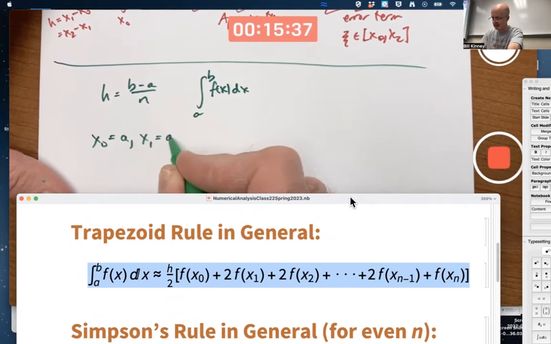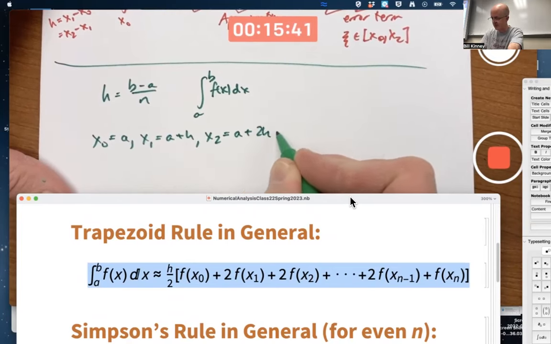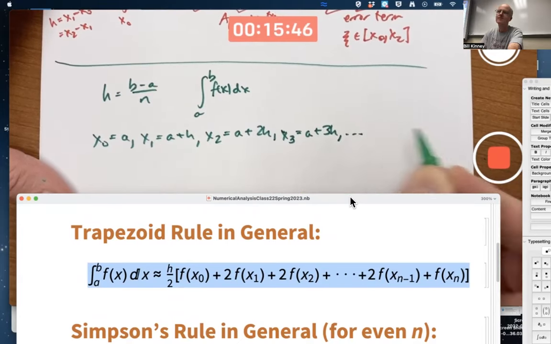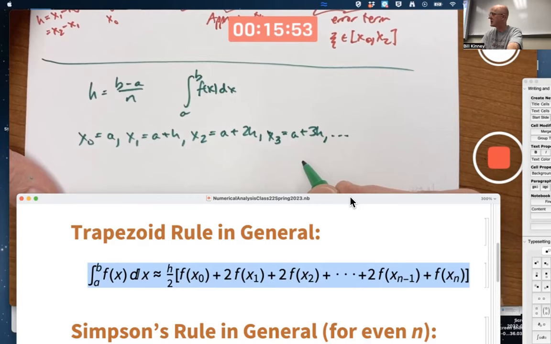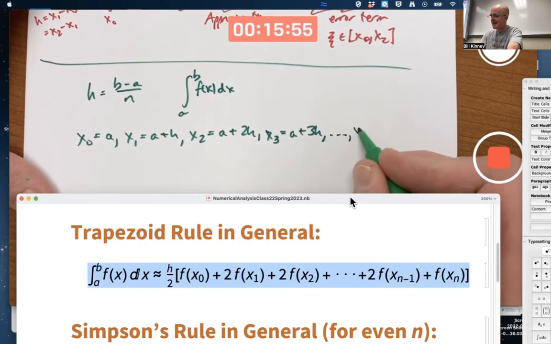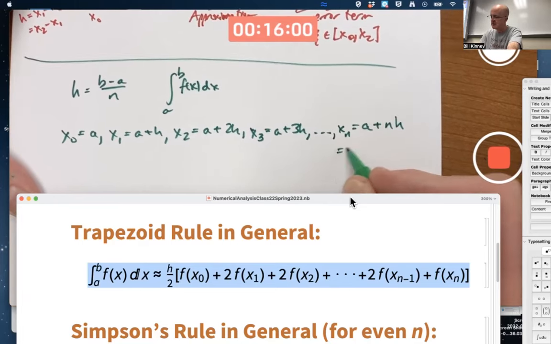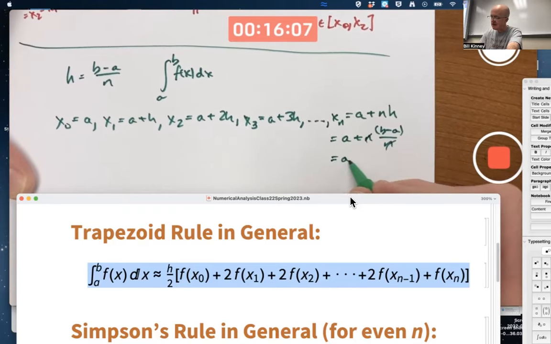X1 is a plus h. X2 is a plus 2h. X3 is a plus 3h, etc. In calculus, this is what we do in calculus. Sometimes we use the letter delta x instead of h. Xn is a plus nh, and if you replace h with b minus a over n and cancel the n's, that does simplify to b.